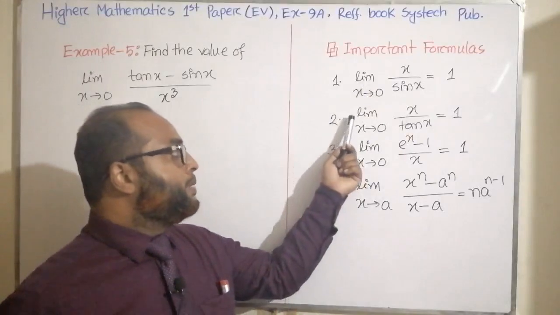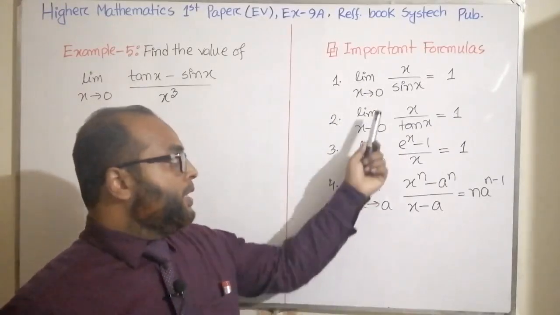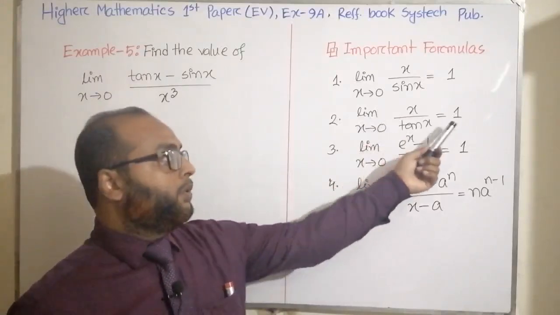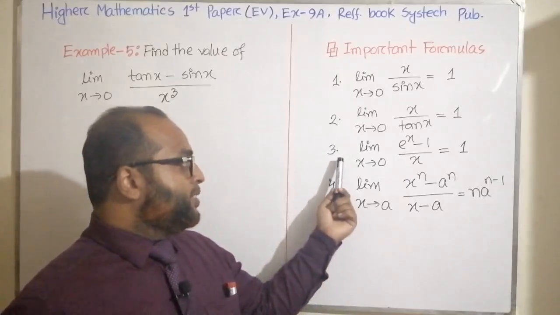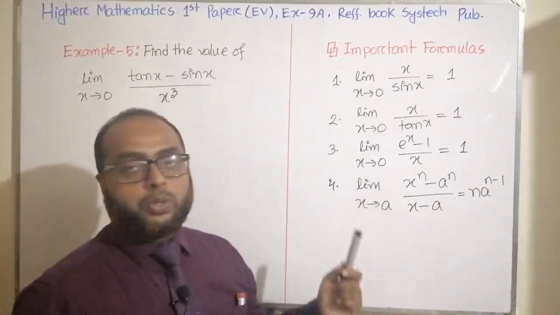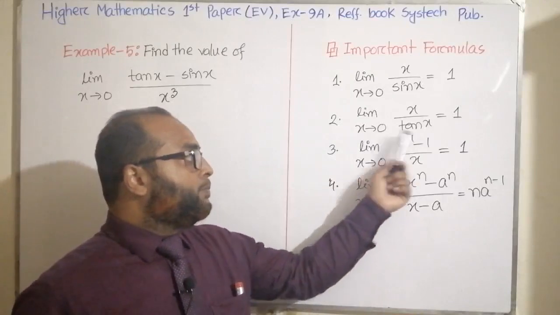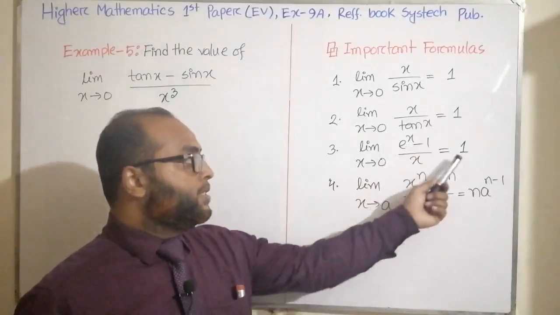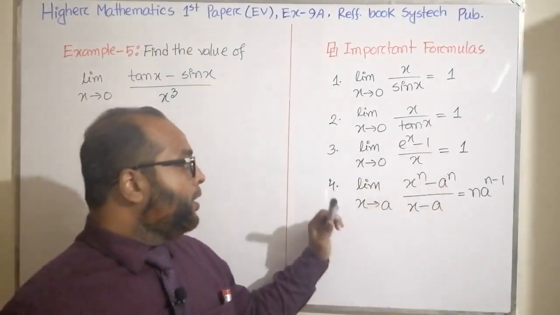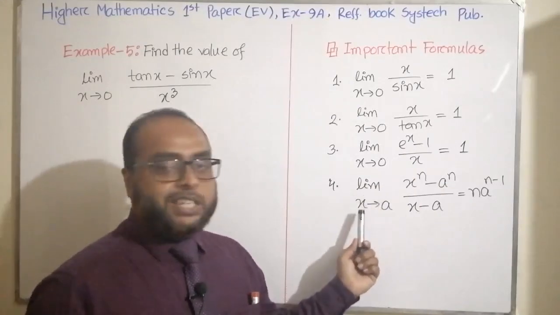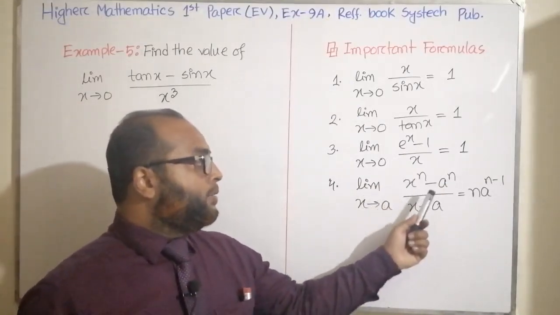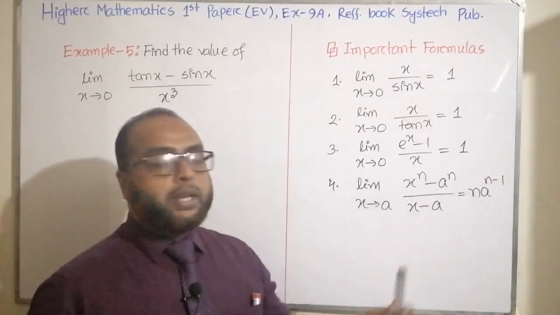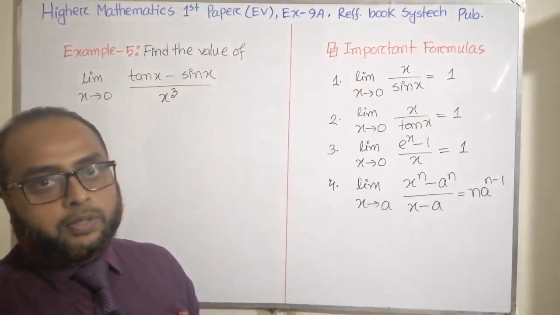Number 2, limit x tends to 0, x divided by tan x or tan x divided by x, equals 1. Number 3, limit x tends to 0, e to the power x minus 1 divided by x, equals 1. Number 4, limit x tends to a, x to the power n minus a to the power n divided by x minus a, equals n a to the power n minus 1.